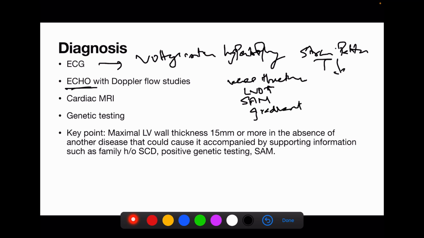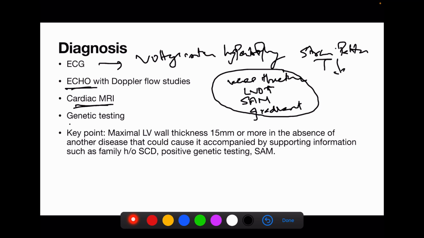So with all these things, you can without a lot of doubt diagnose the patient as having hypertrophic cardiomyopathy. And if it is not clear on echo as well, you go and do cardiac MRI. If you want to delineate soft tissue structures more precisely, the diagnostic modality of choice would be MRI. So in line with that, we go ahead and do a cardiac MRI and confirm the diagnosis.